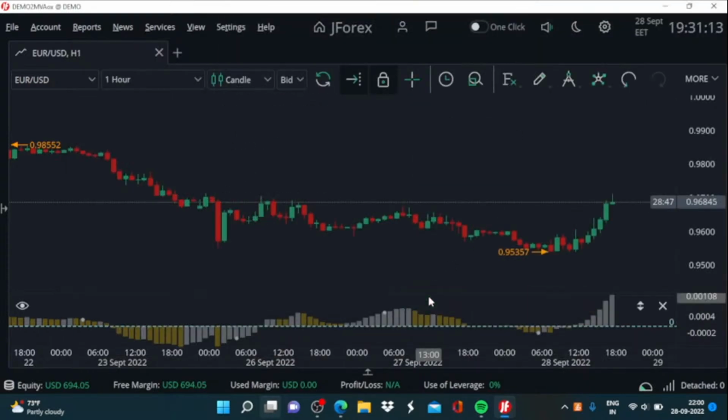So guys, that's it from my side for today's session of JForex Indicators Explained, where we saw the uses, the concept, and the customization options of the McClellan histogram. I hope you have been able to understand, and preferably you should try it out on your own in a live market scenario, and there you will get a good idea of how this indicator works.